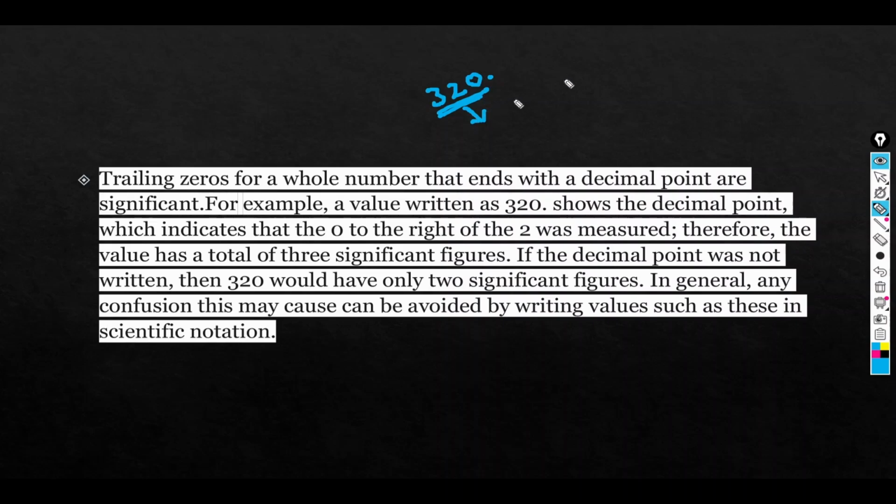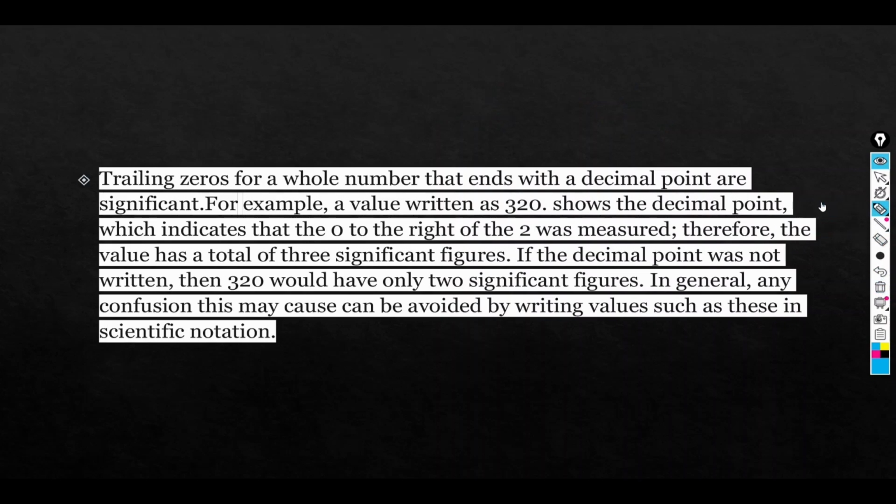Okay. If I have given you this example without the decimal, then how many significant figures are there? Only 2, these 2. Okay, so in this example there are 2 significant figures, in this there are 3 significant figures. Okay, the explanation is given out there, you can read it.